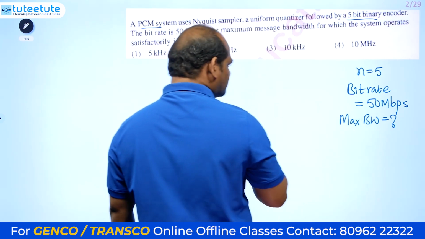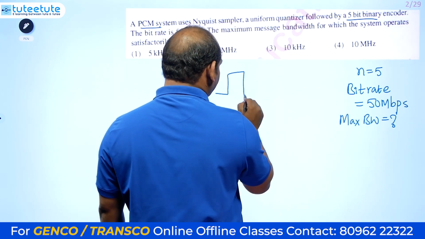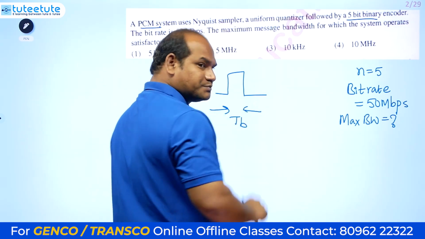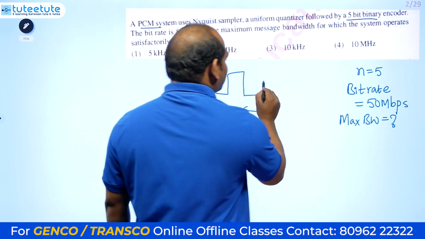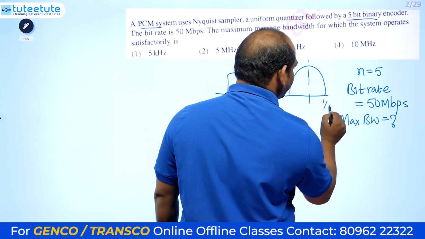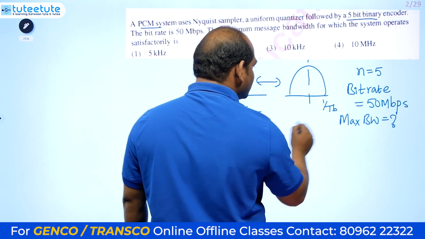Generally, when we send only one bit having the duration TB, its spectrum is given like this. Here you will have 1 by TB, so the bandwidth is 1 by TB.